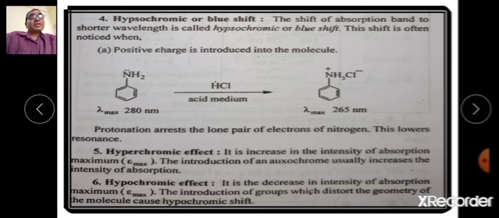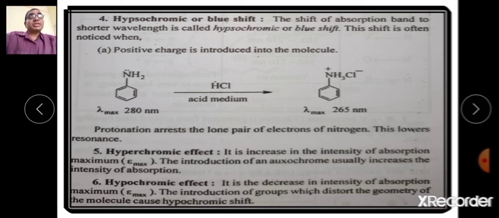When auxochromes are introduced, Emax increases, hyperchromic effect. Intensity increases. And the last one is the hypochromic effect. It is the decrease in intensity of the absorption maximum, that is Emax. Of course, reverse to the above. The introduction of a group which distorts the geometry of the molecule causes the hypochromic effect.